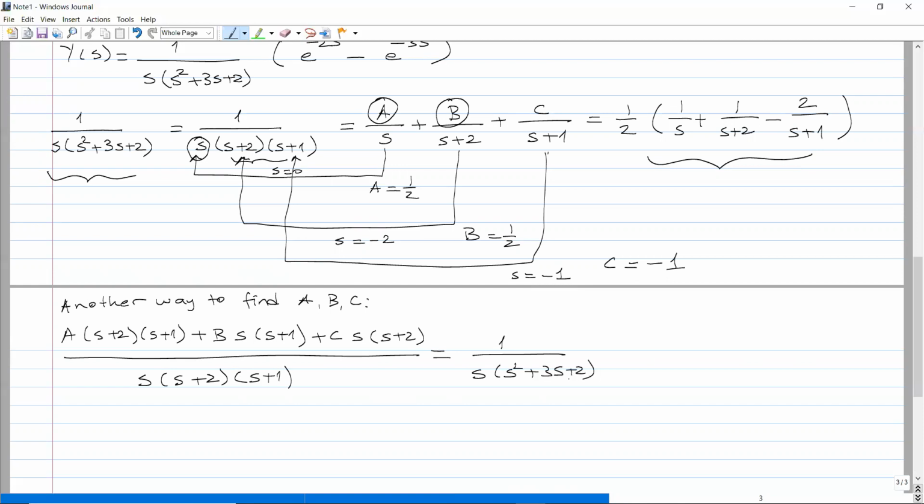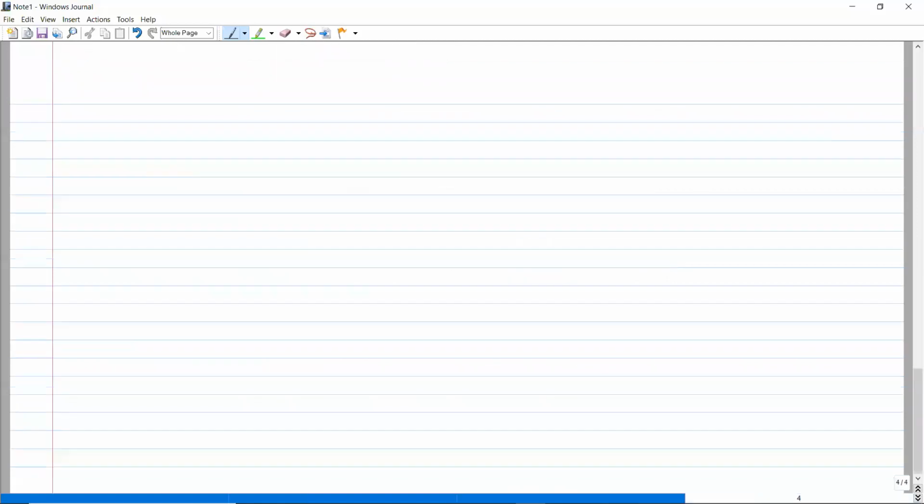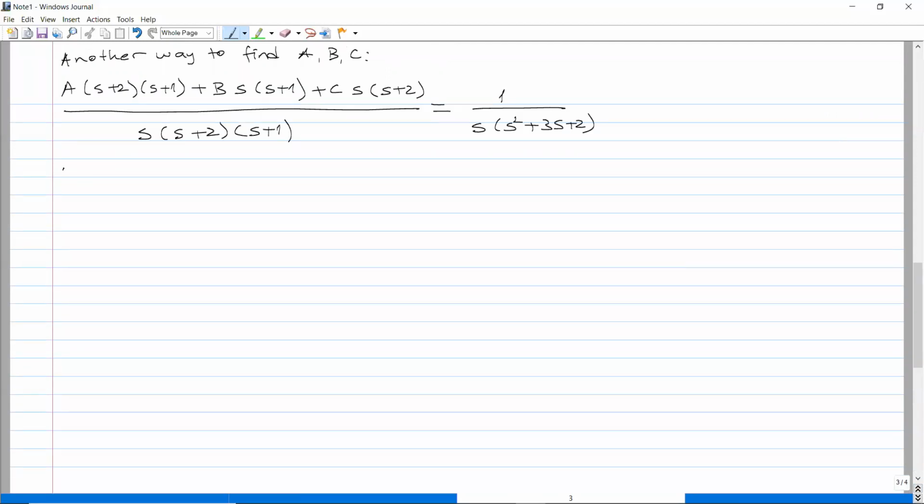So this means the numerators must be equal. So A times s plus 2, s plus 1, which is s squared plus 3s plus 2, plus B times s, s plus 1, which is s squared plus s, plus C times s squared plus 2s, should be equal to 1.